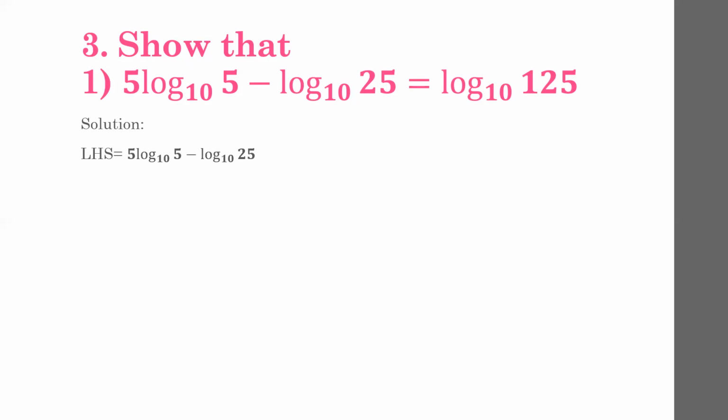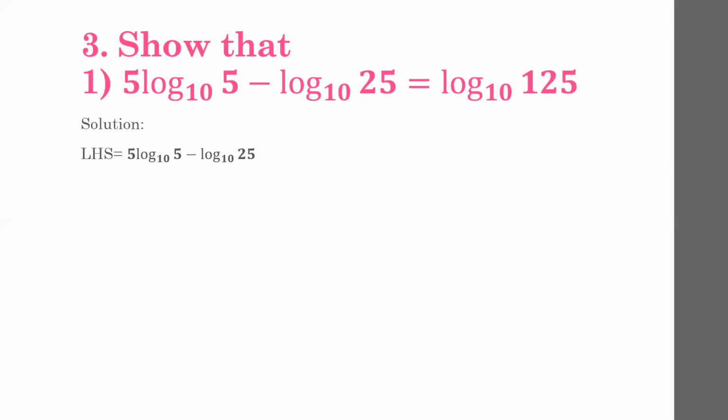First, look at the first term, 5 log 10 base 5. We have to take the 5 from the front and put it at the power place of 5, according to the formula r log a base m equals log a base m to the power r.